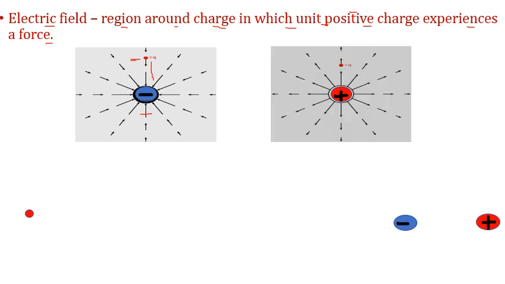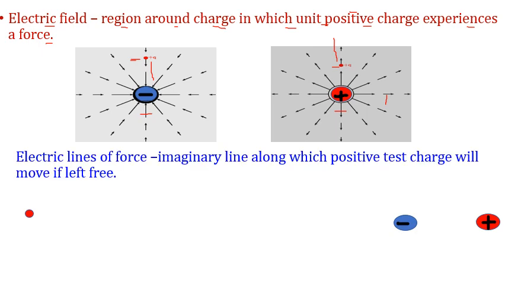Or second case, this is positive q charge. In its surrounding region there is electric field, and if we keep this positive test unit charge at this particular position, then it will experience the repulsive force in this direction. Got it? Now next point, that is electric lines of force.